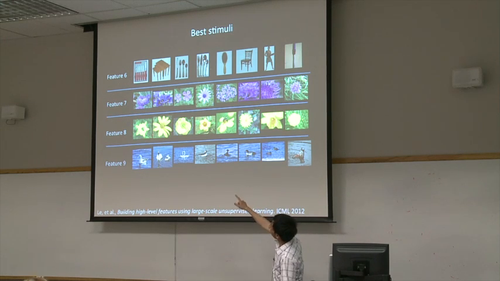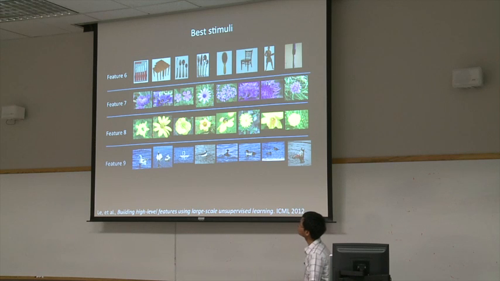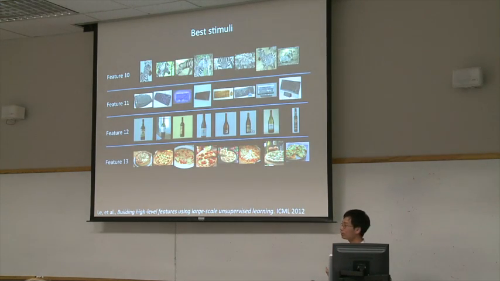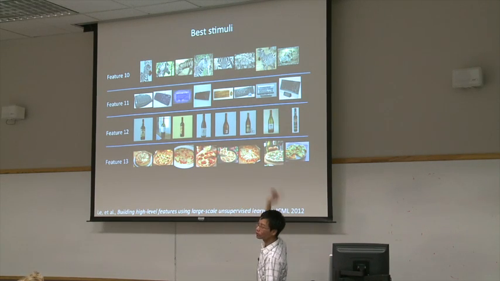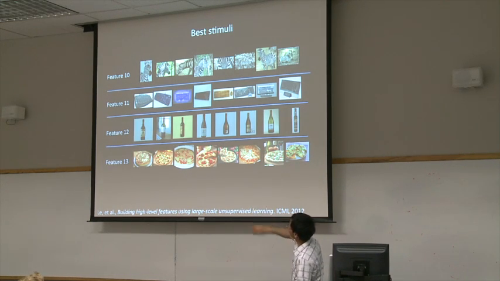Then there's another feature that is sensitive to the concept of yellow flowers on top of a green background. Some bird detectors. I have an interesting neuron that is sensitive to the concept of zebra. One neuron is sensitive to the concept of keyboards, bottles, and pizza.